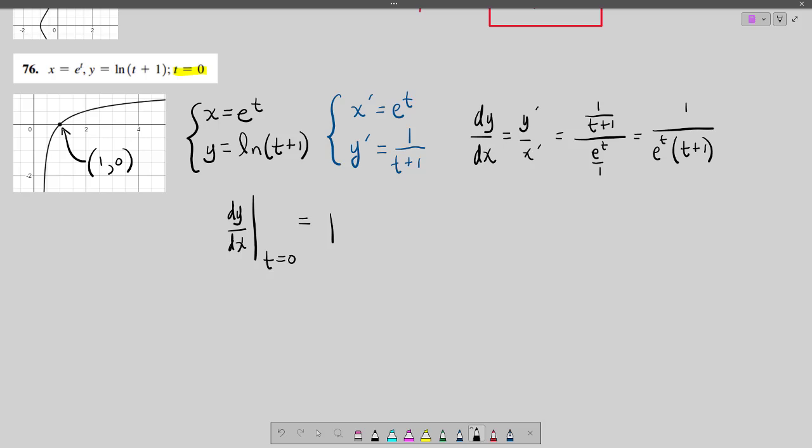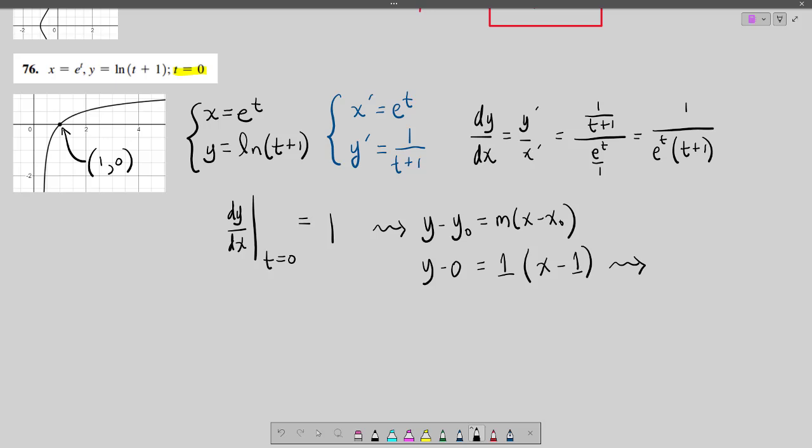Yeah, so our line then will be y minus y0 equals m times x minus x0. So y minus 0 equals the slope, which we just found to be 1, times x minus 1.